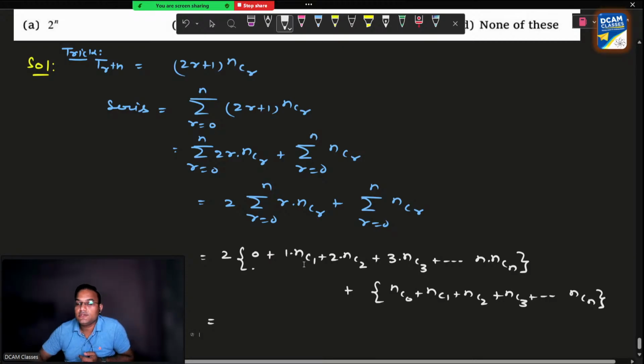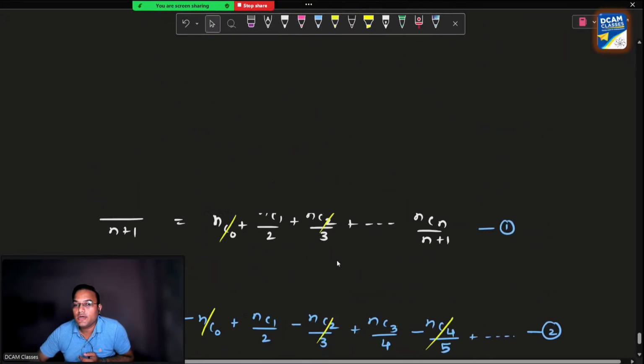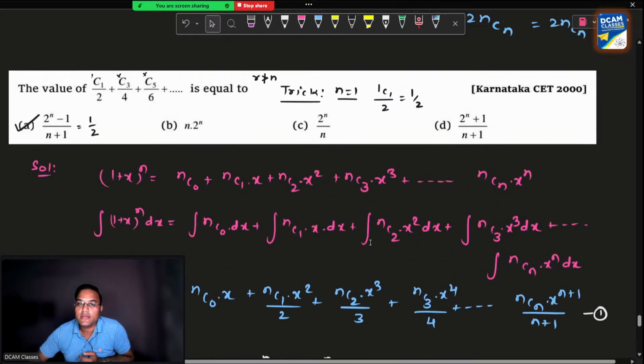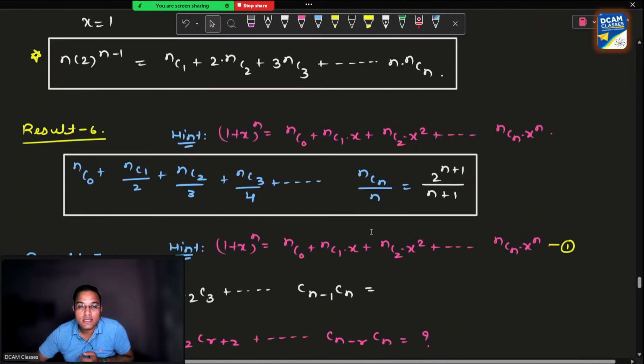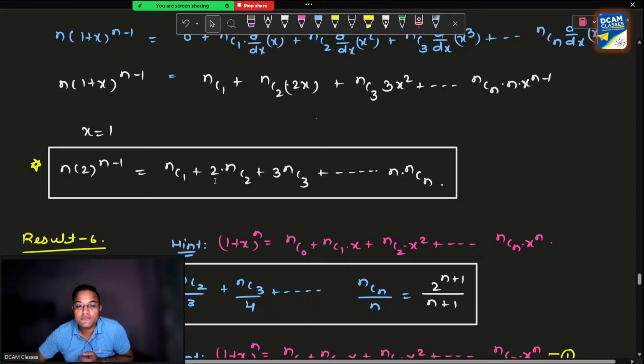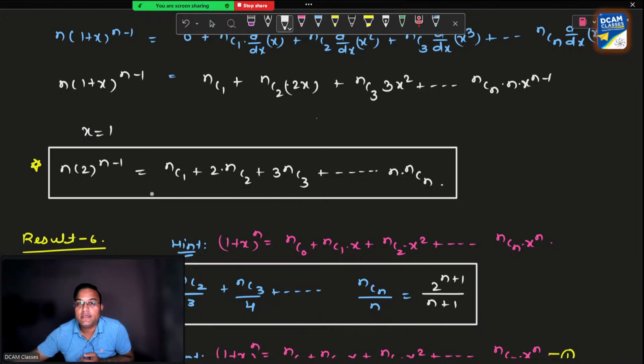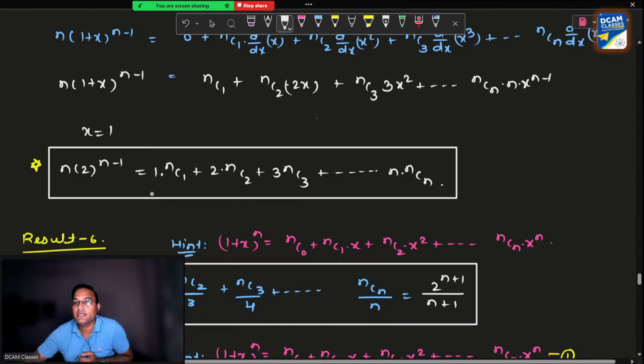These values you already know, because the above result I have already given to you. 1 into nC1 plus 2 into nC2 plus 3 into nC3 and so on up to n into nCn. But there is no such option, so it should be none of these.